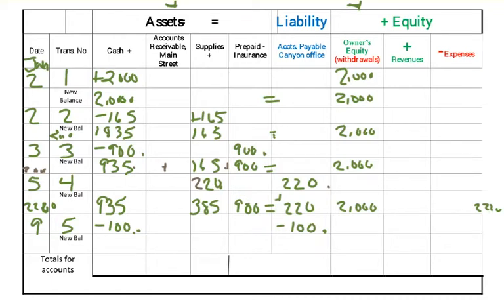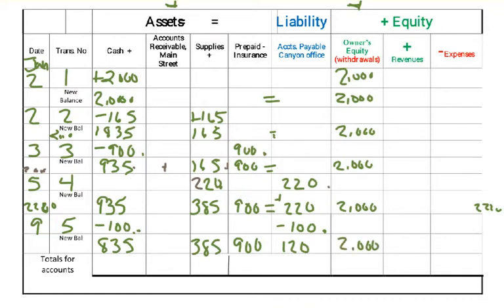Again, if you subtract an asset, you have to subtract on the other side of the equation too. So now he's going to say, okay, now there's $835 in cash. We own $385 in supplies. We have $900 worth of insurance. We owed $220 in accounts payable, but we paid $100 on it, so now we only owe $120, and we still have this amount of equity.